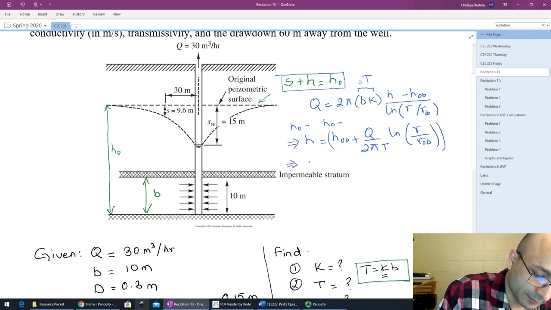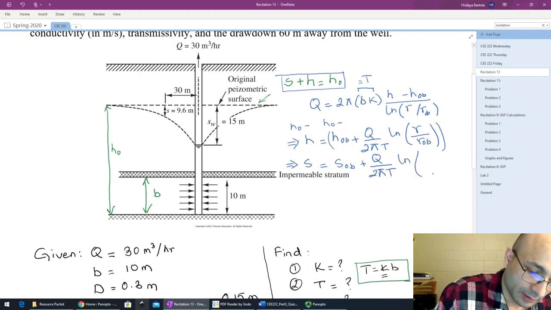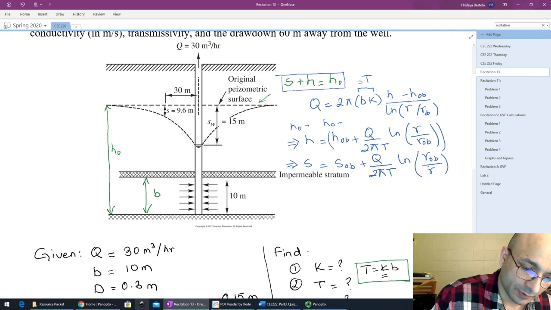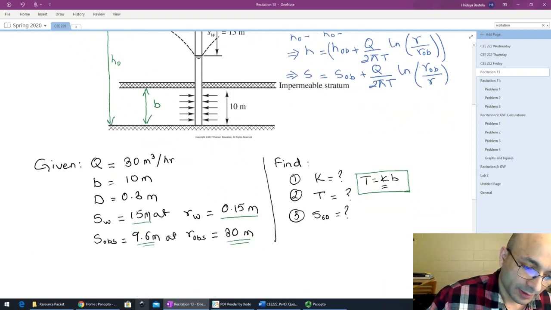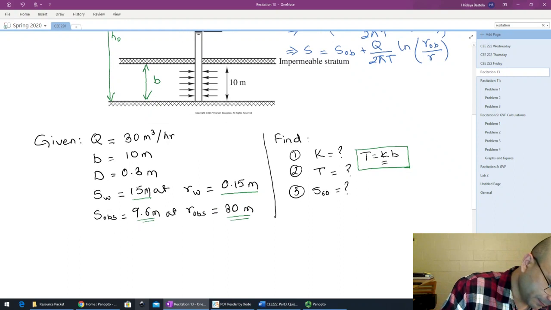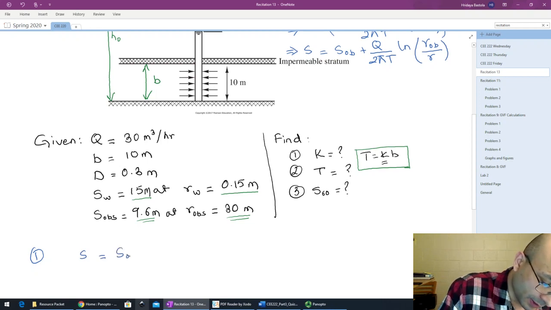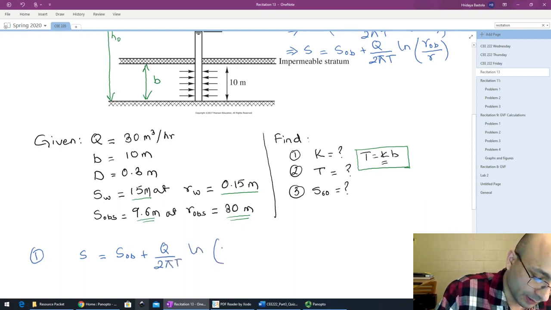That would give us S equals S observed plus Q over 2 pi T log R observed divided by R. So you'll notice this will change position.